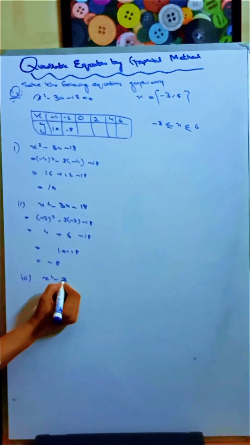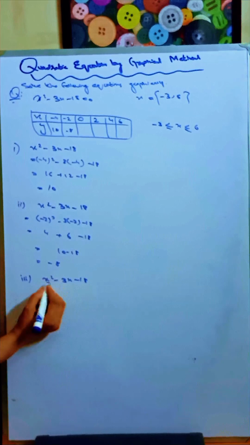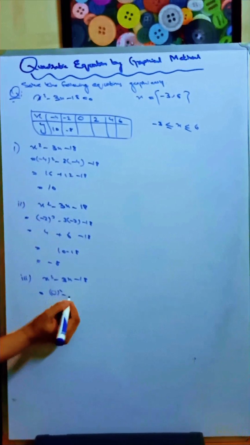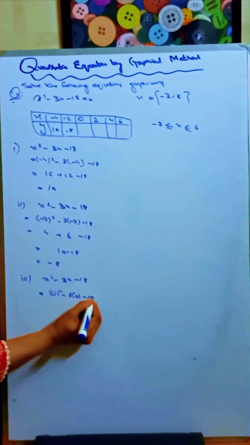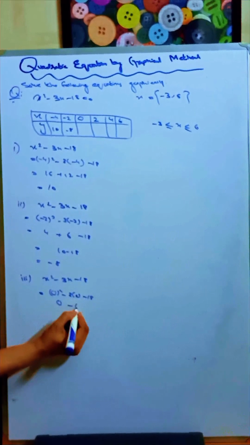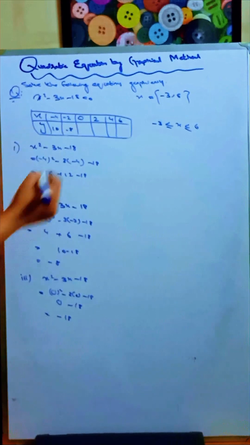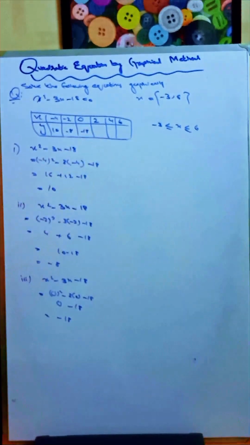Number 3. x squared minus 3x minus 18. x is 0: 0 squared minus 3 times 0 minus 18. The whole term becomes 0 minus 18, so minus 18. At this point, if x is 0, then y is minus 18.